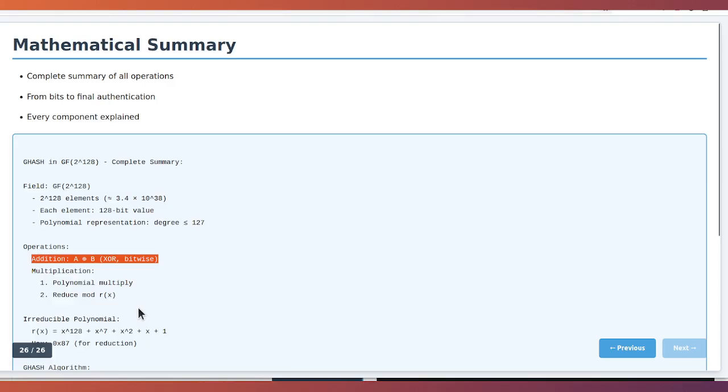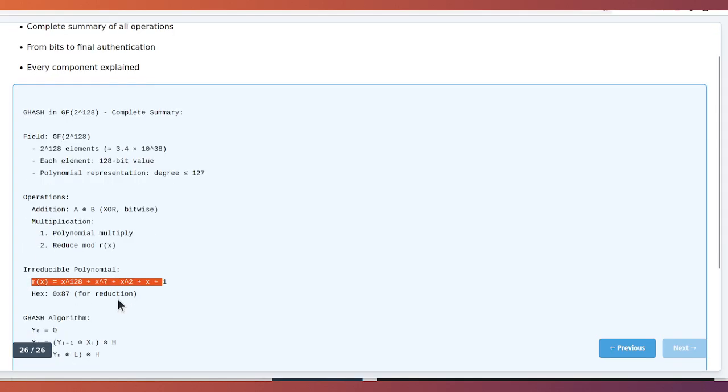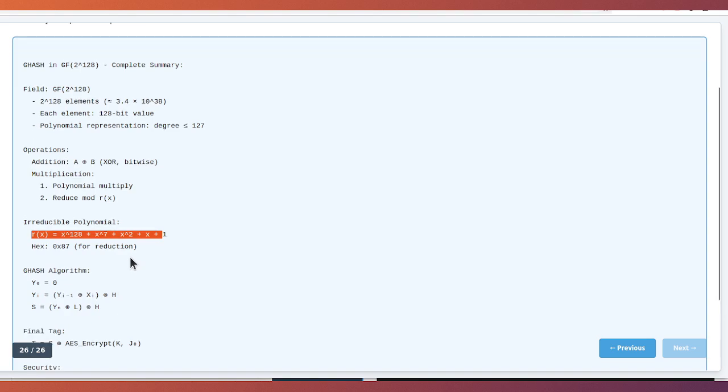For two 128-bit values, we XOR each of the 128 corresponding bit pairs. Multiplication is performed by treating values as polynomials, multiplying them to get up to a 256-bit result, then reducing modulo the irreducible polynomial. The irreducible polynomial R of x equals x to the 128th plus x to the 7th plus x squared plus x plus 1.